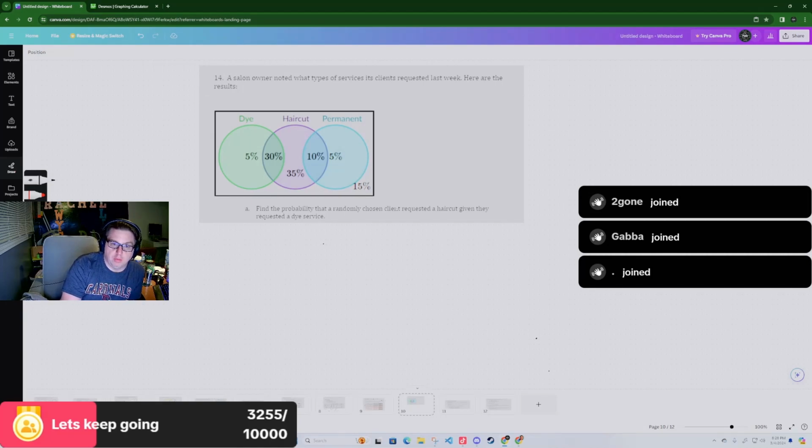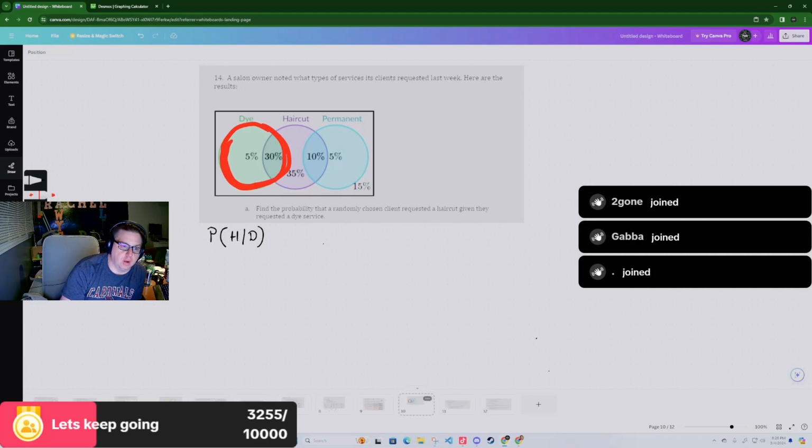Find the probability randomly chosen client requested a haircut given they requested a dye service. So we want a haircut given that they did a dye. Okay? So what was given is the important piece because this becomes our total.